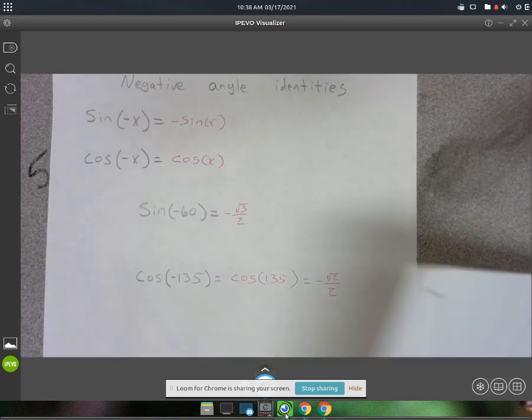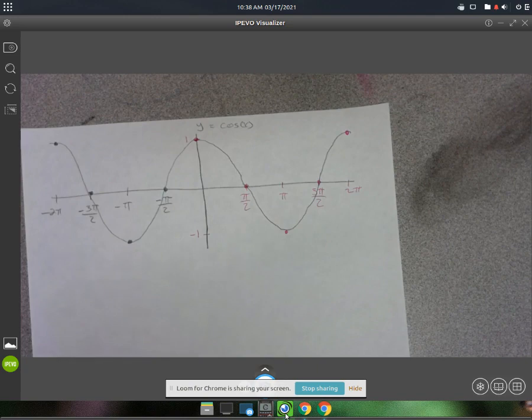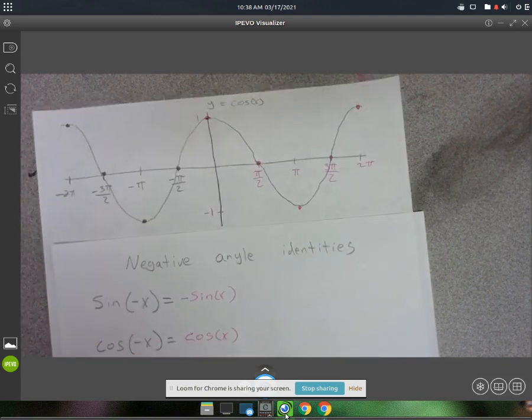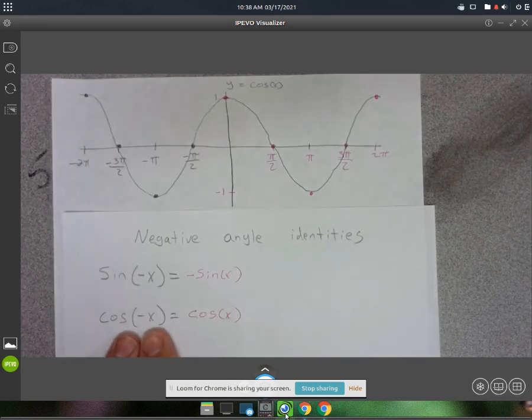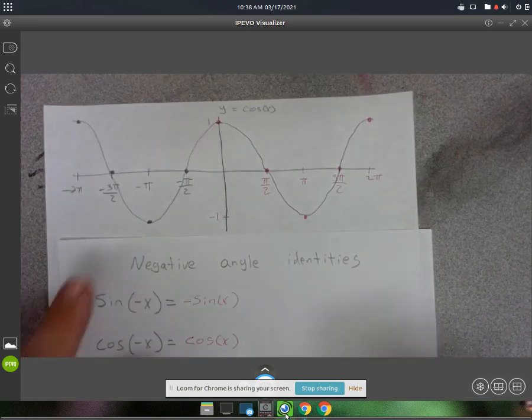As it relates to our graph, cosine of a negative angle is going to equal cosine of that same angle in the positive direction.